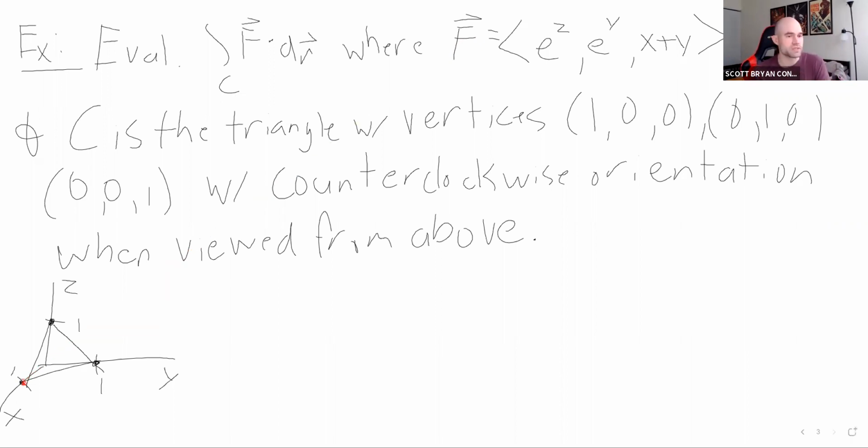If I start at (1, 0, 0) and I'm going around counterclockwise when I'm looking at it from above, is the next vertex I'm going to (0, 1, 0) or (0, 0, 1)?